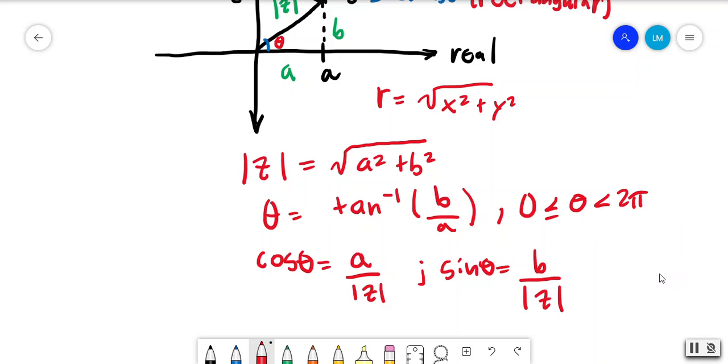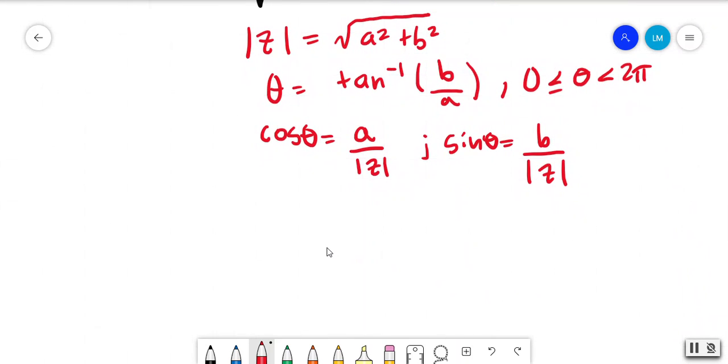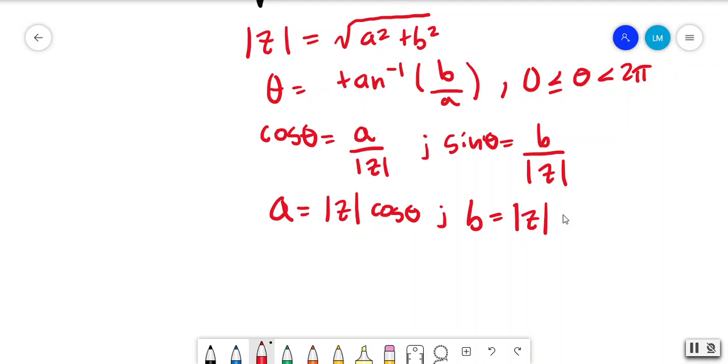Okay, so let's go ahead and just rewrite this. Essentially we have that the rectangular coordinate a is equal to the modulus of z times cosine of theta, and then b is equal to the modulus of z times sine theta.